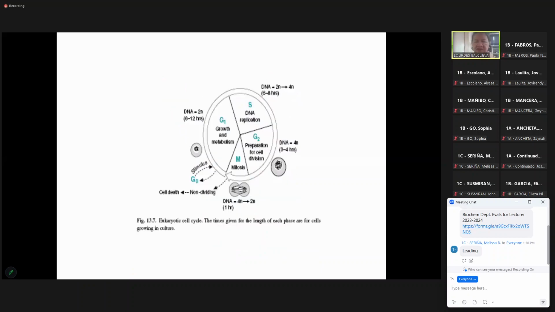Now, this is your cell cycle, and DNA replication occurs during the S phase of the cell cycle, which takes place for 6 to 8 hours.